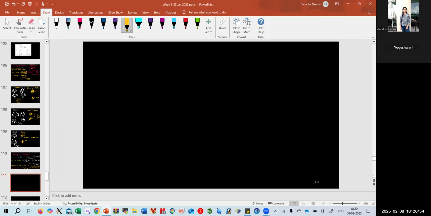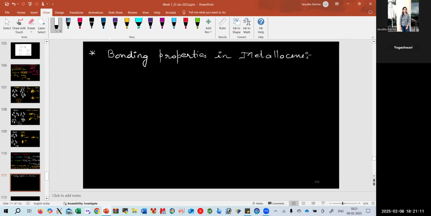Now we can take up some interesting bonding properties in metallocene. First point.